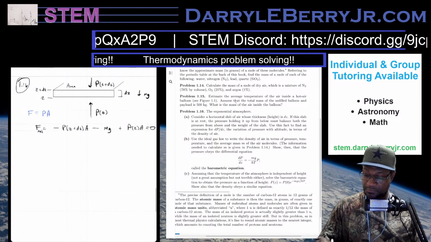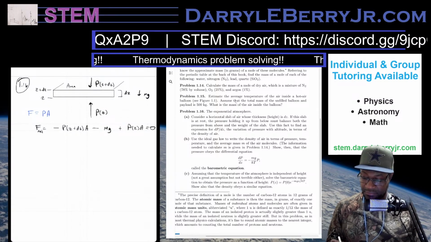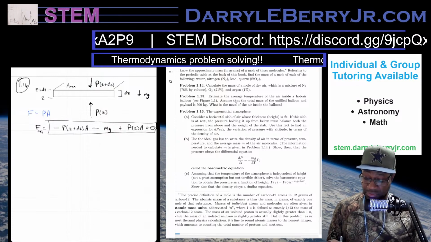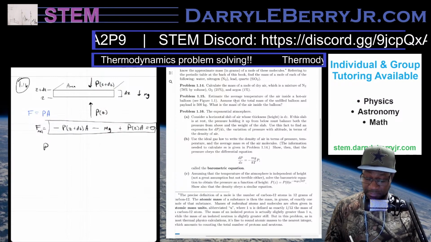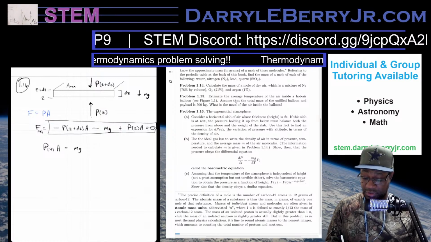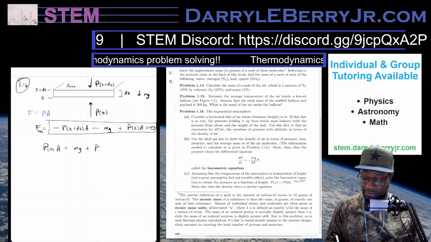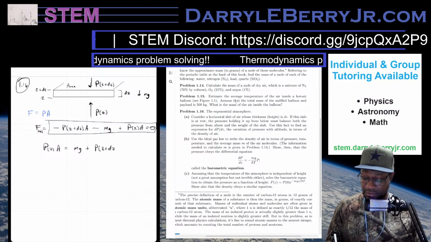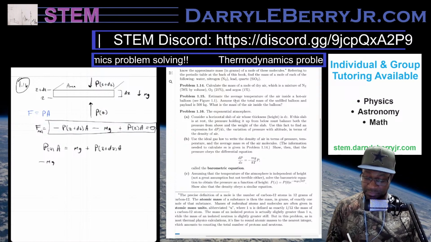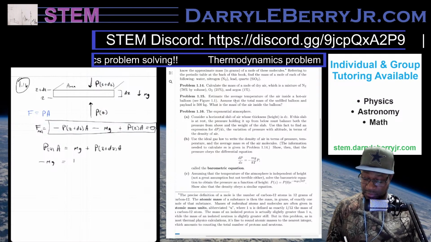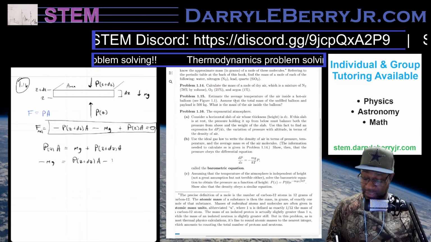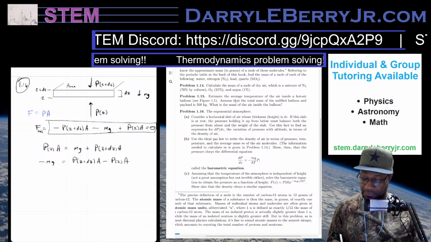You can write this a few ways. You can have it like this. You can also extract this equation out and say P(z)A equals mg plus P(z+dz)A, or we can say negative mg equals P(z+dz)A minus P(z)A.